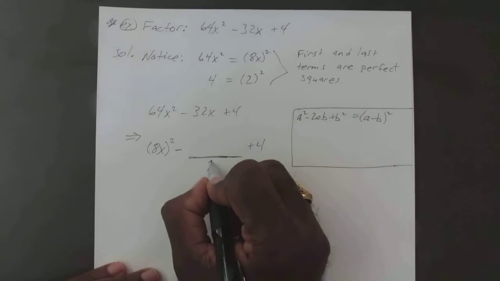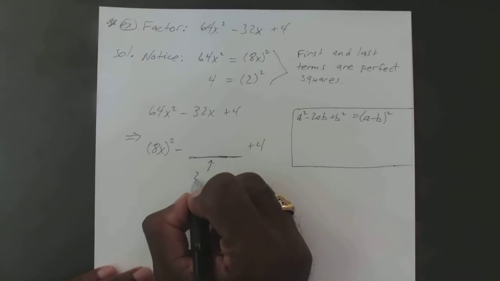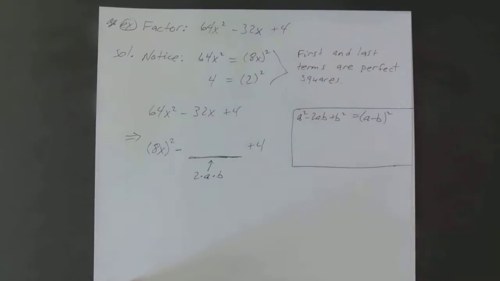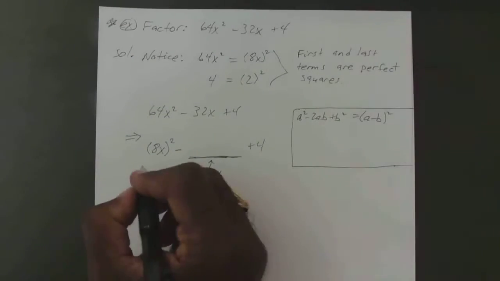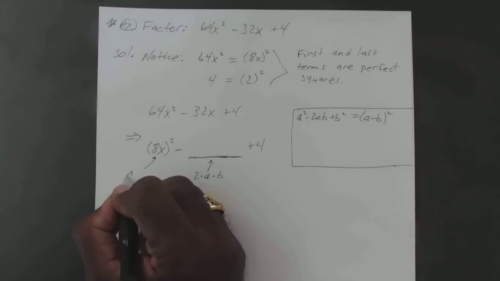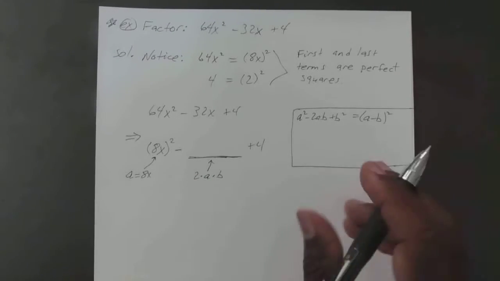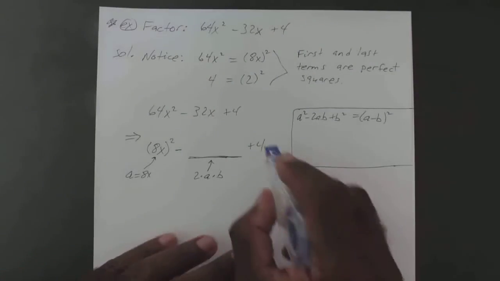Okay, so we know this still has to equal 2 times a times b. Okay, and we know just from here that our a is equal to 8x. Oh, forgot to make that 2 squared. Sorry about that.